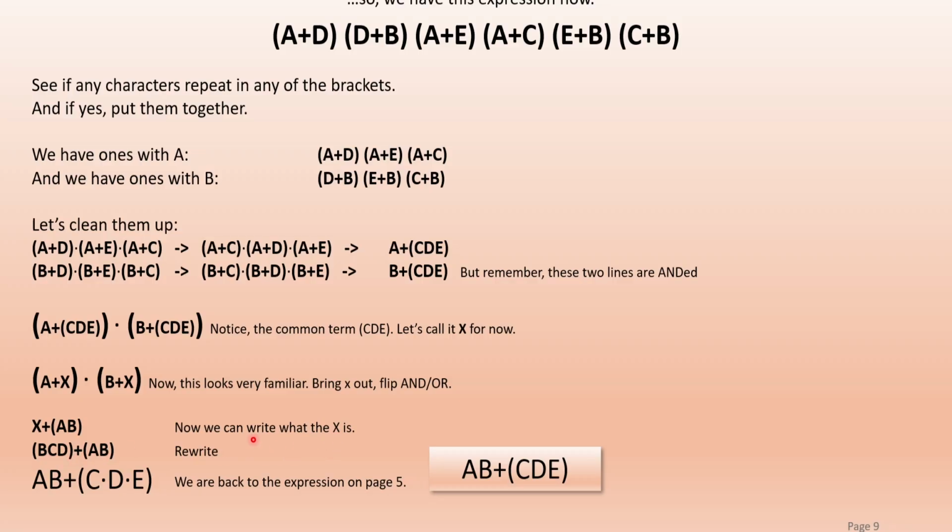Because now we can, what did I write? Now we can write what the X is. So we write it back to BCD, because that BCD right here, we just called it X. So now we can write it out. We end up with something like this: BCD and that AB that we have here.